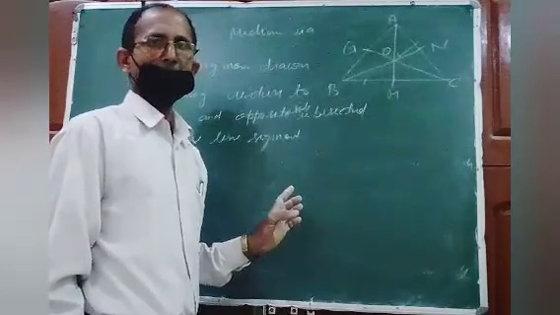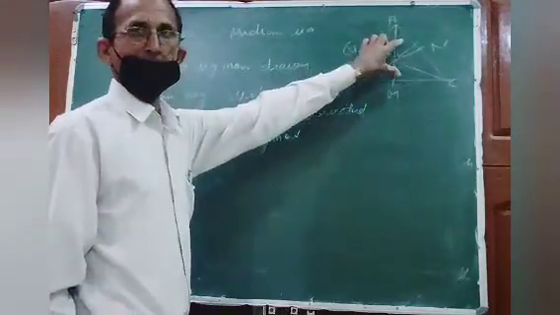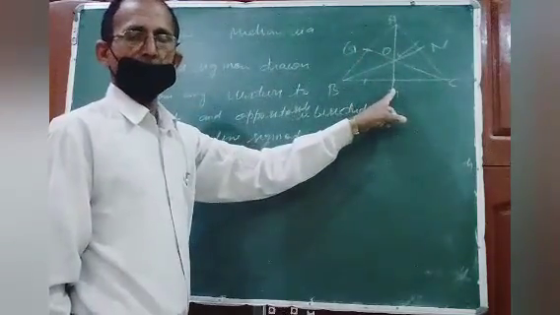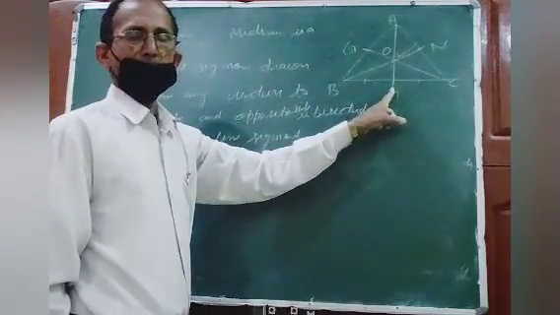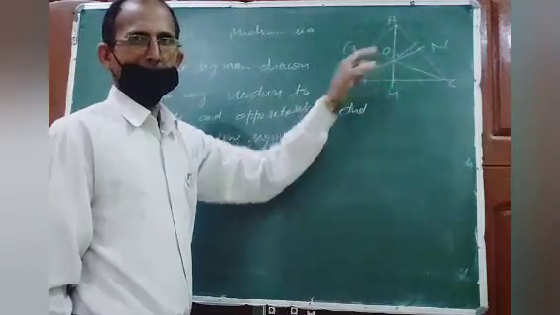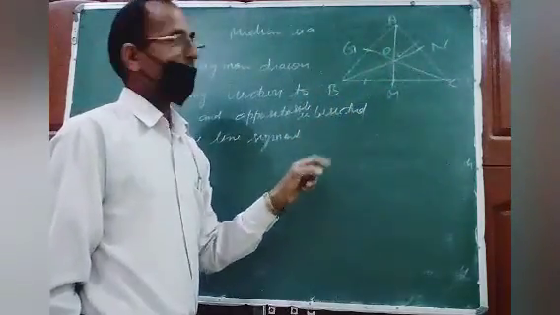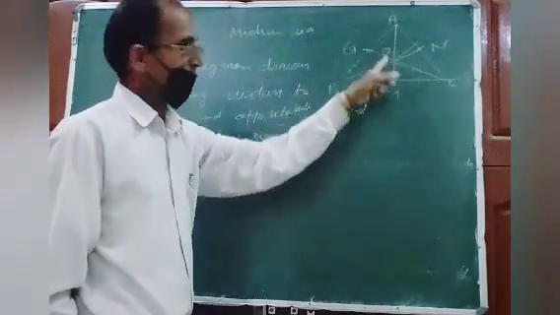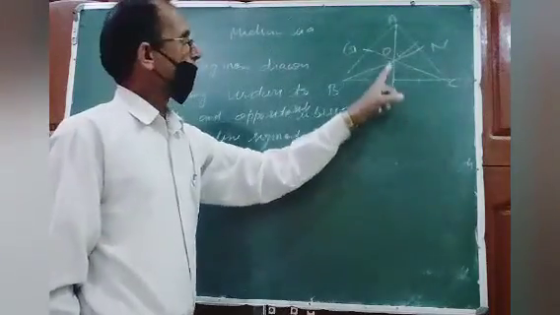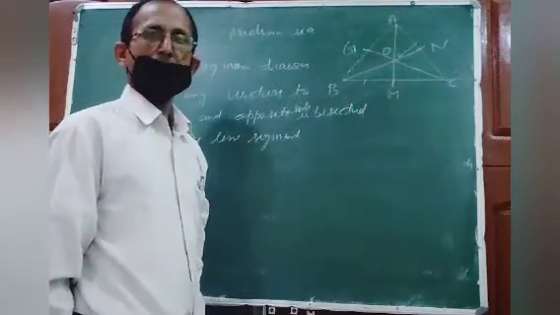This way also you can explain: the distance between the midpoint of the opposite side and the vertex is called a median. So A is the vertex, this is the opposite side, so this distance is called the median.